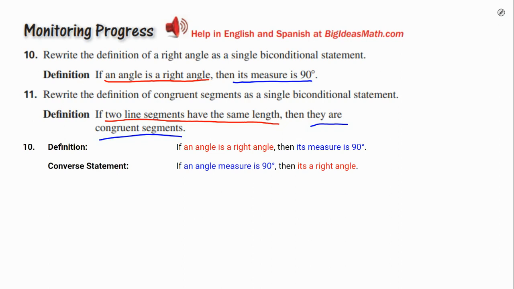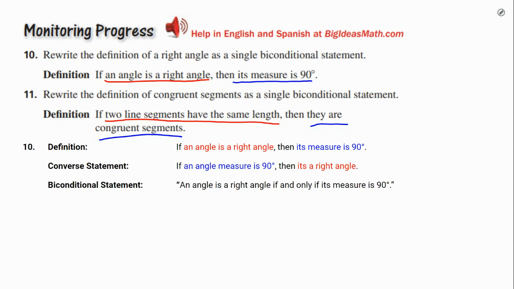So if an angle measure is 90 degrees, then it's a right angle. And if both of those are true, then we can write it with the if and only if within our single biconditional statement. So our biconditional statement would be: an angle is a right angle if and only if its measure is 90 degrees.